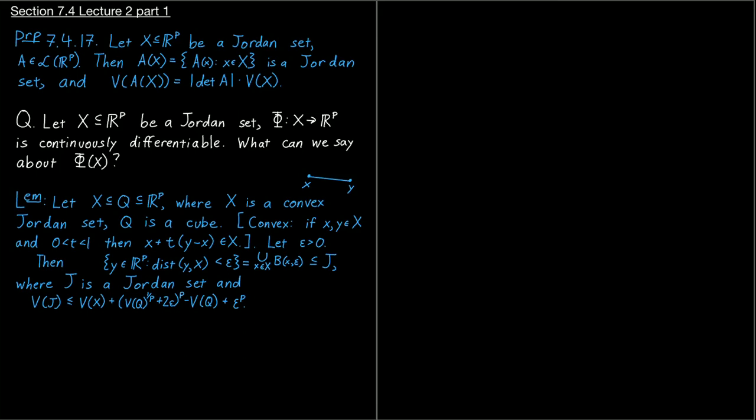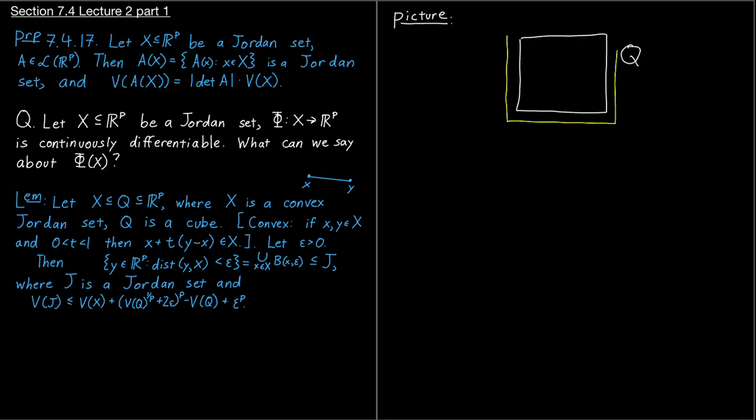This is one of those lemmas where it's very easy to draw a picture of how you do the proof, and then very hairy, very annoying to write out the algebra that actually works in all dimensions. So I'm just going to draw the picture of the proof. So here is our cube Q, and we draw another cube around it that pads it with epsilon.